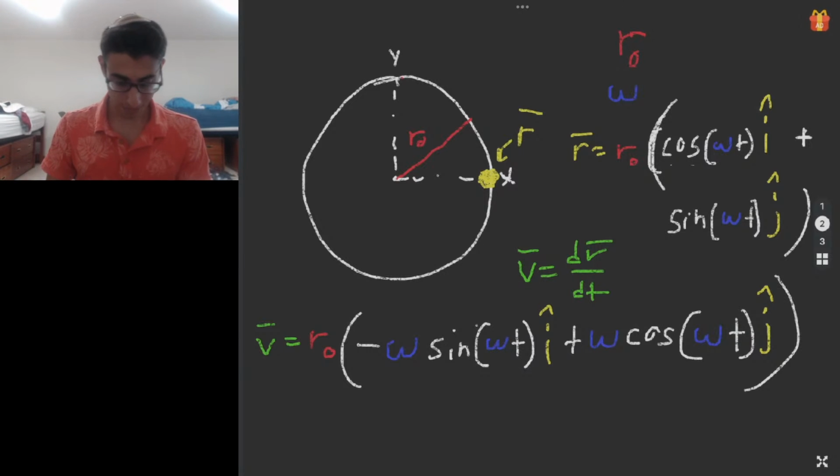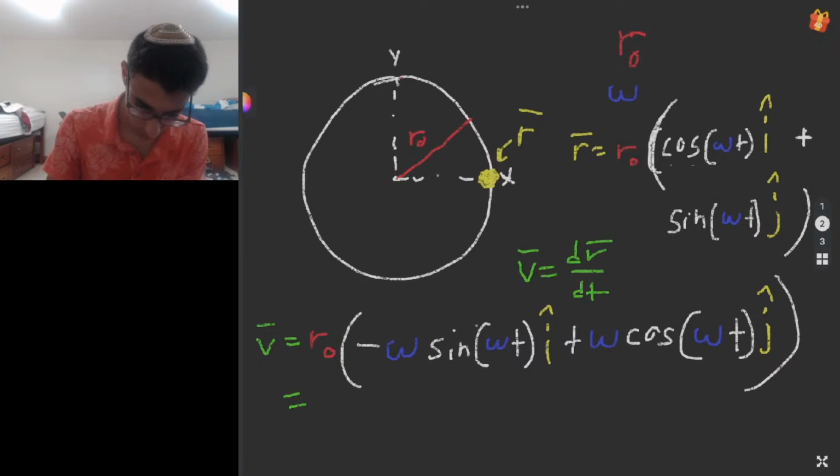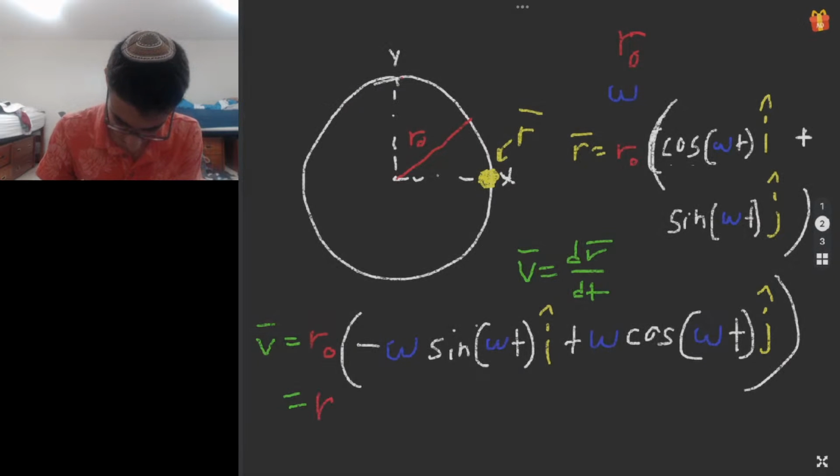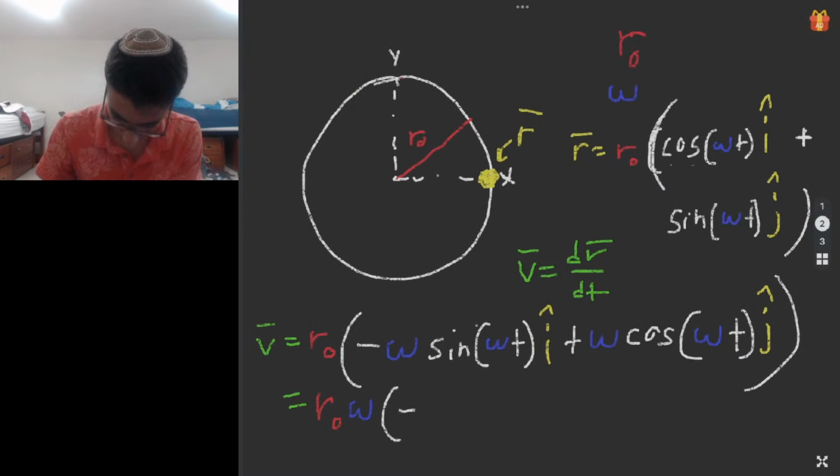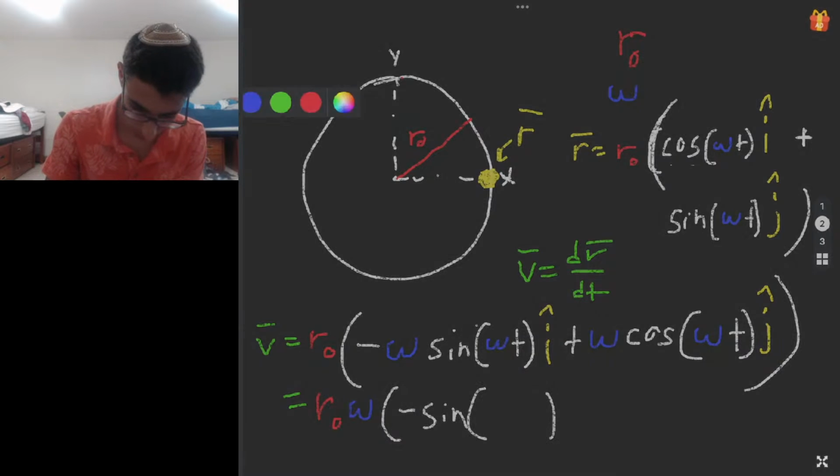Now, one way that we should realize that we could actually still write this is, yeah, we can actually say that this equals r naught omega times the negative sine of omega t. I'm just going to quickly make those parentheses.